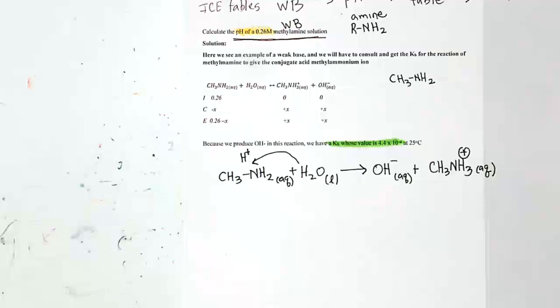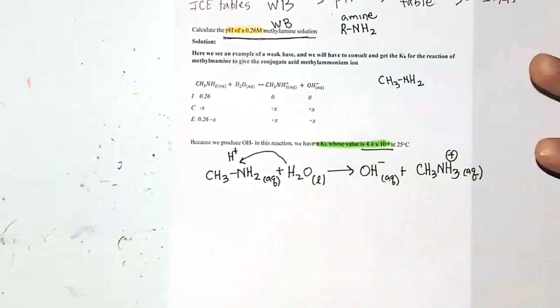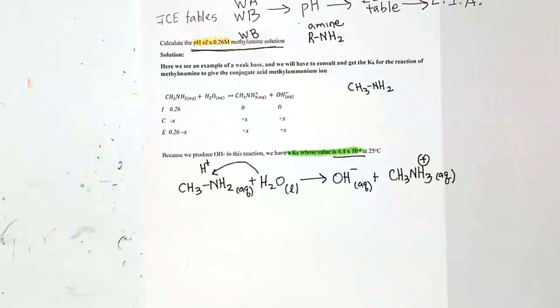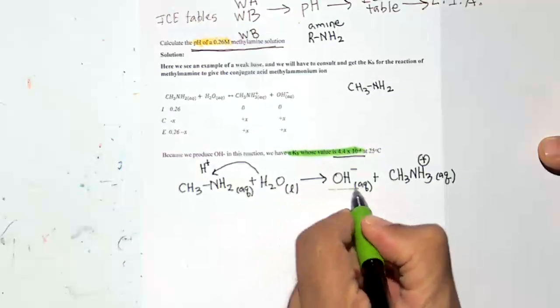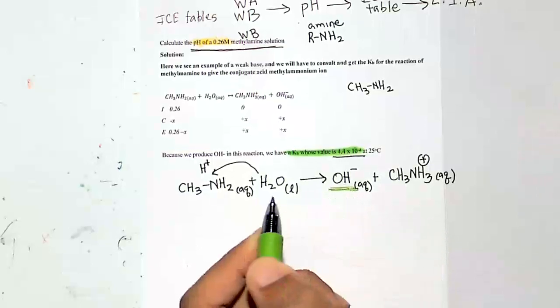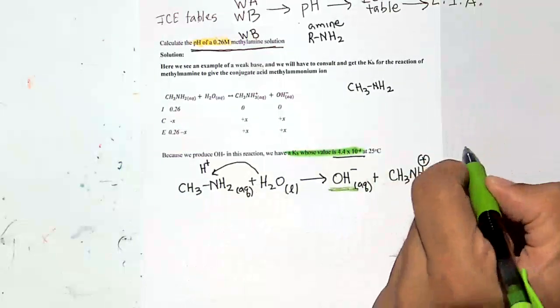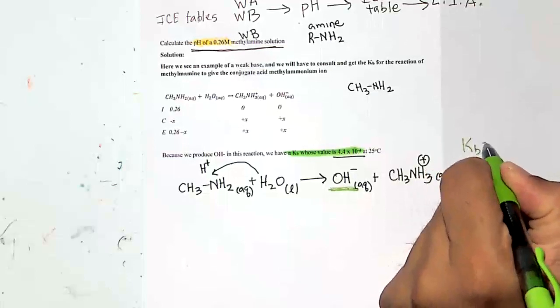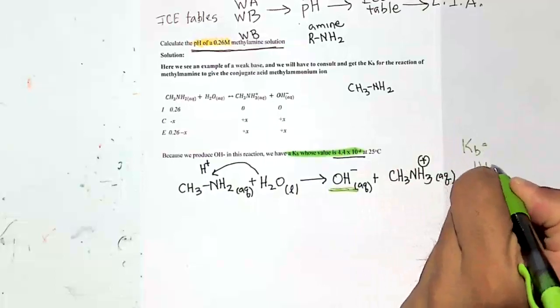So I'll give you the Kb. Why are we saying Kb instead of Ka? Because it's a weak base, and what do weak bases give us? OH minus. So the Kb, which is given to us, is 4.4 times 10 to the minus 4.